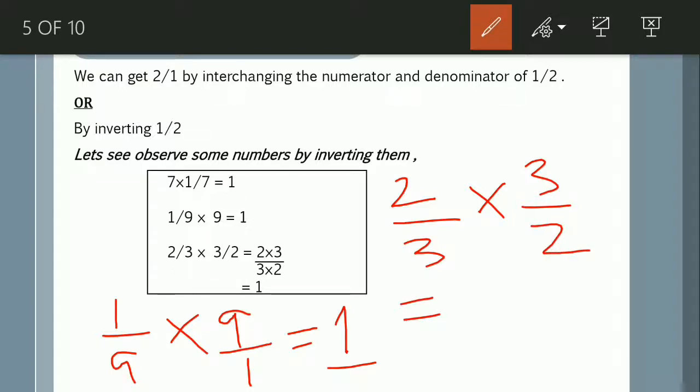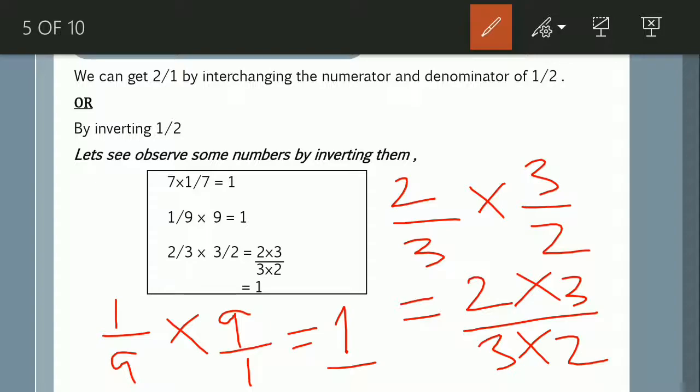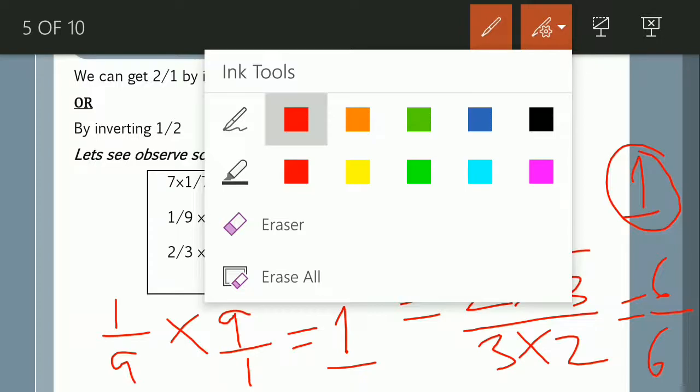If we invert 2 by 3, then we get 3 by 2. If we multiply it, then we get 2 into 3 divided by 3 into 2. What we get? 6 by 6. That means 1. Okay? Yes.